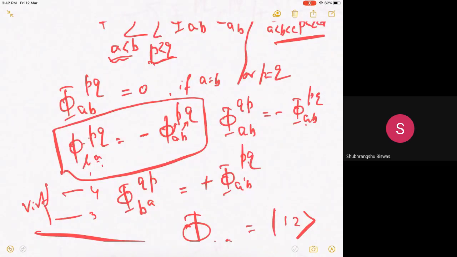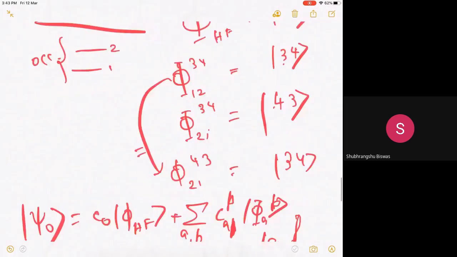Of course. Any pair, if you interchange, it will become negative, because it is basically tantamount to interchanging two columns or two rows. It is the same as the determinant properties. And if you have two such changes, then again it will become plus. So it depends on how many changes you are making.